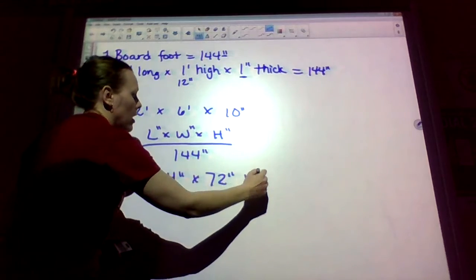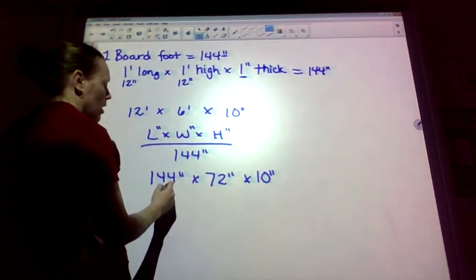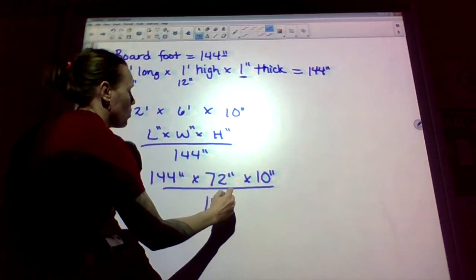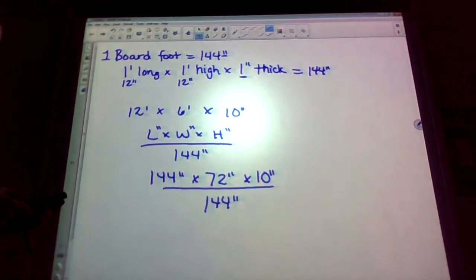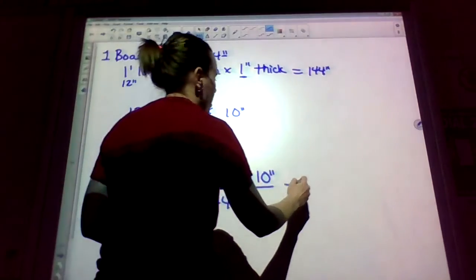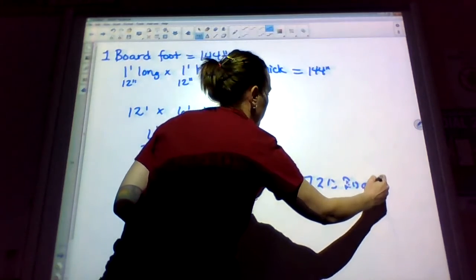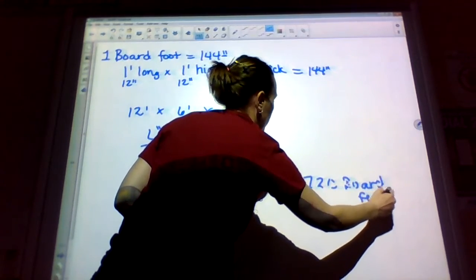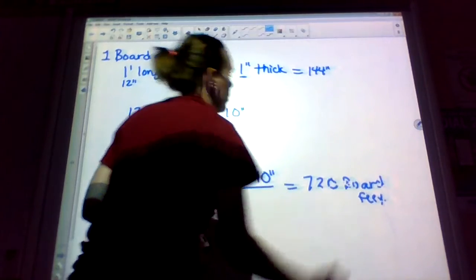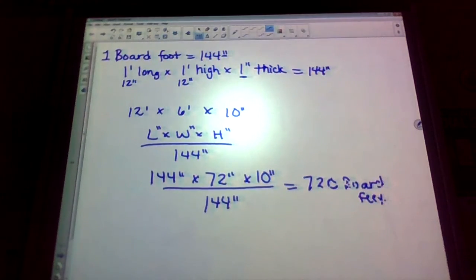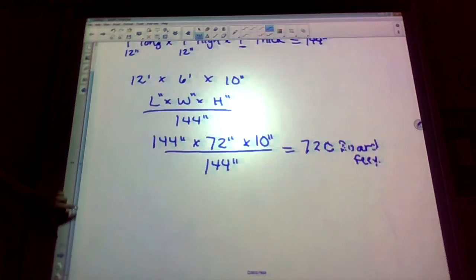Multiply that by the 10 inches that we don't have to convert, and divide everything by 144. So 144 times 72 times 10 divided by 144 gives us 720 board feet. So that is how we determine board feet in trees.